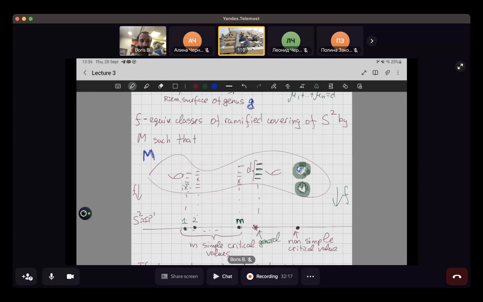This is called the Riemann-Hurwitz formula, and we'll see in a moment what it looks like. And the second thing is how to see that this approach is related to the combinatorial definition which we had previously.